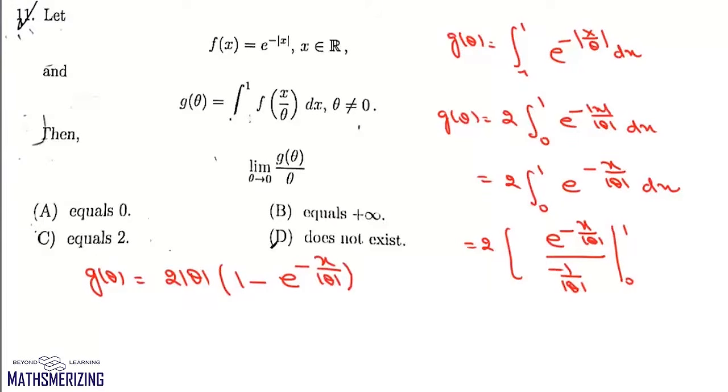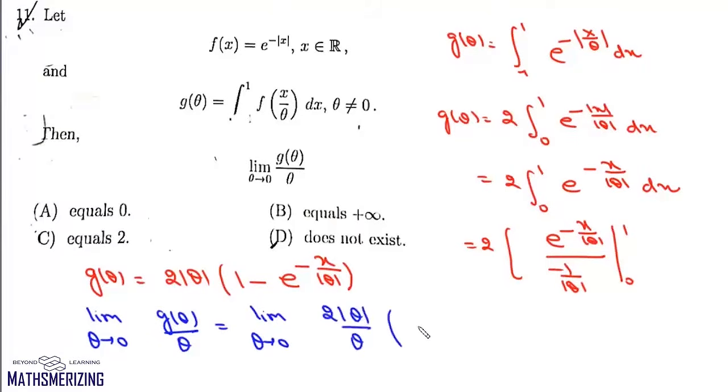Now we need to find this limit, which is limit theta tends to 0 of g(theta) upon theta, and there will be this limit theta tends to 0 of 2 times mod of theta upon theta, and here this value it should be 1 minus e to the power minus 1 upon mod theta.